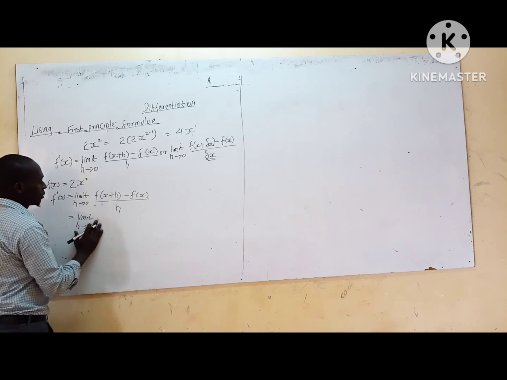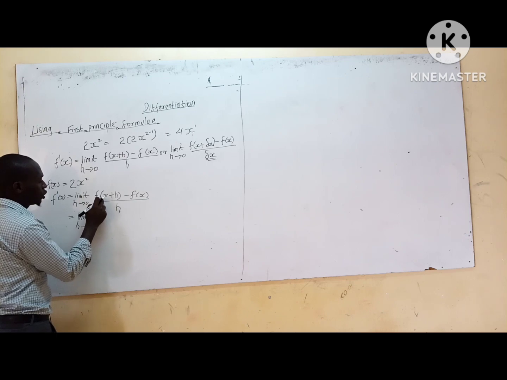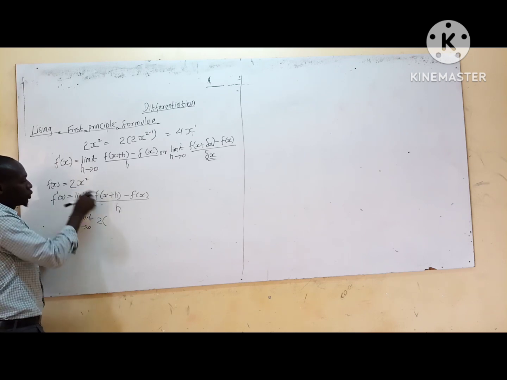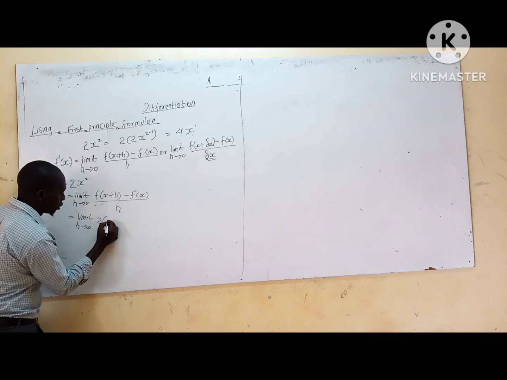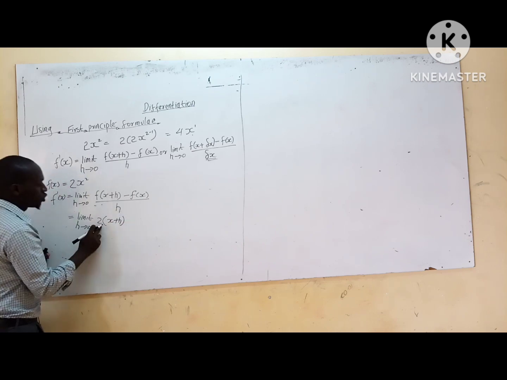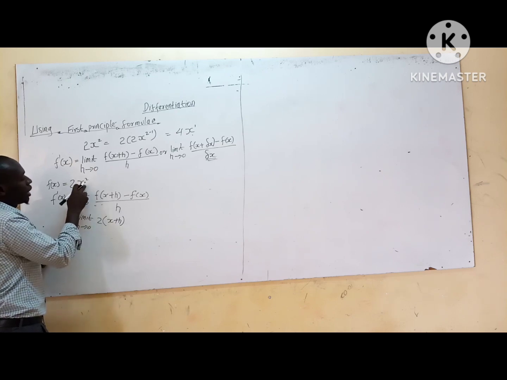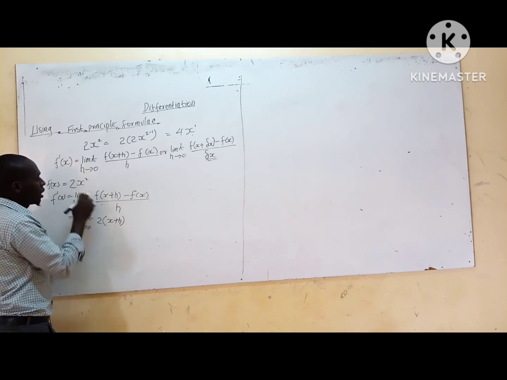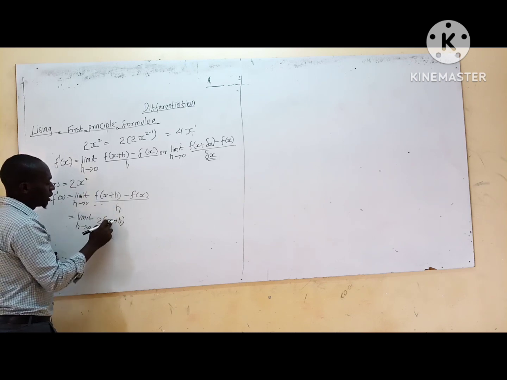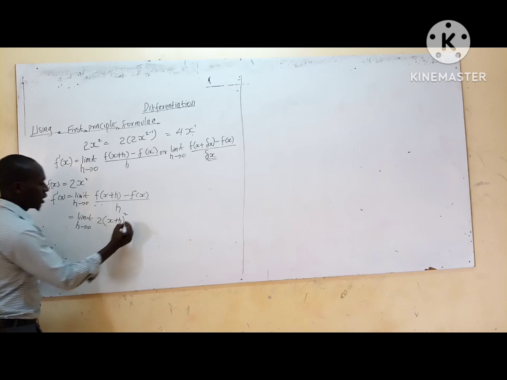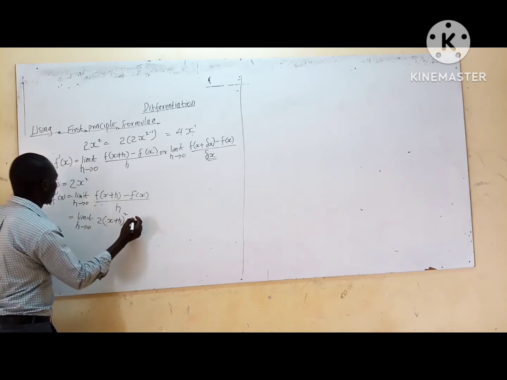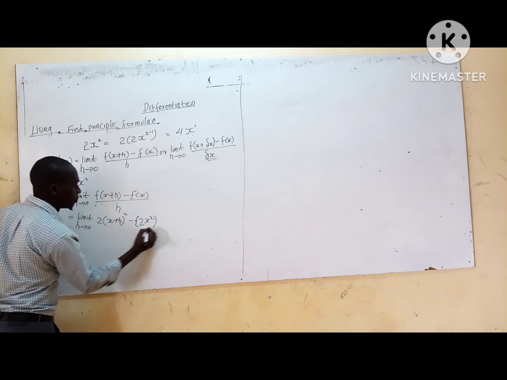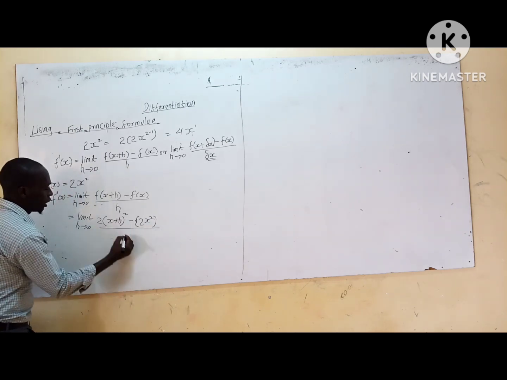The function f(x plus h) will now be 2 into, where we have x, we replace with x plus h, because it was 2x squared. We use the first principle formula, where this x is replaced by writing x plus h, but everything is squared, minus the function 2x squared, all over h.